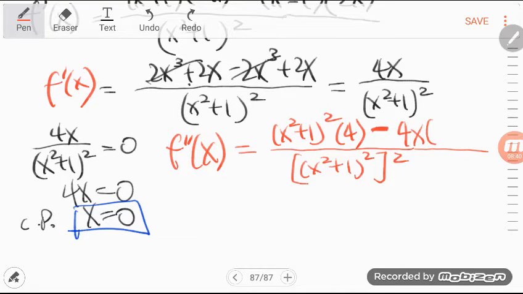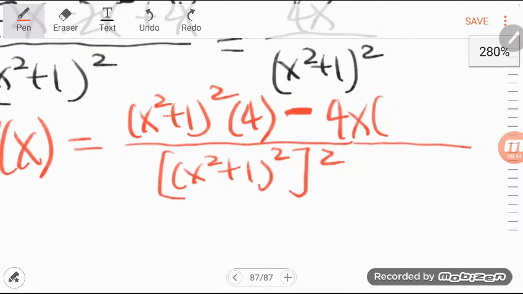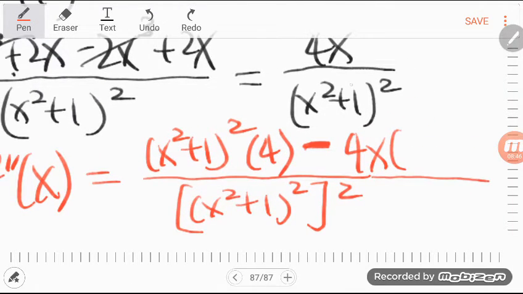So I'm running out of space, so I'm going to adjust the zoom a little bit, yeah? So if I differentiate the bottom part, I will get x squared plus 1. That's the box outside, yeah? Oh, sorry, actually, my bad. That's not x squared plus 1.